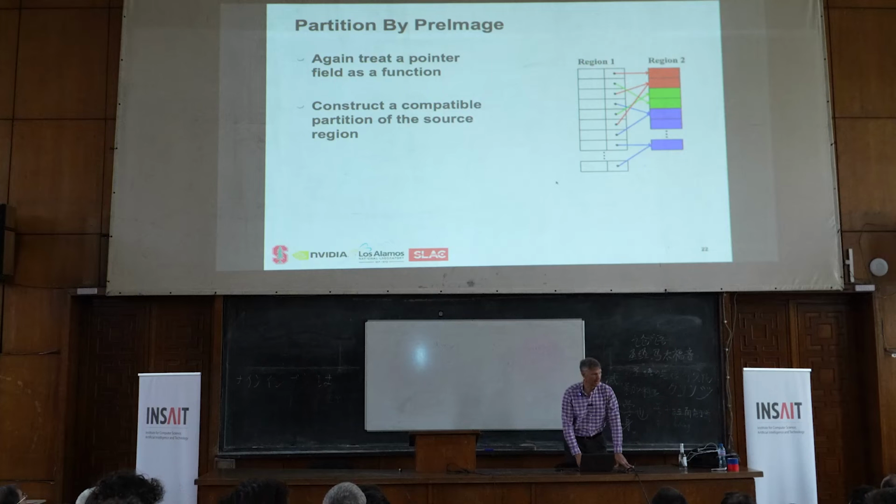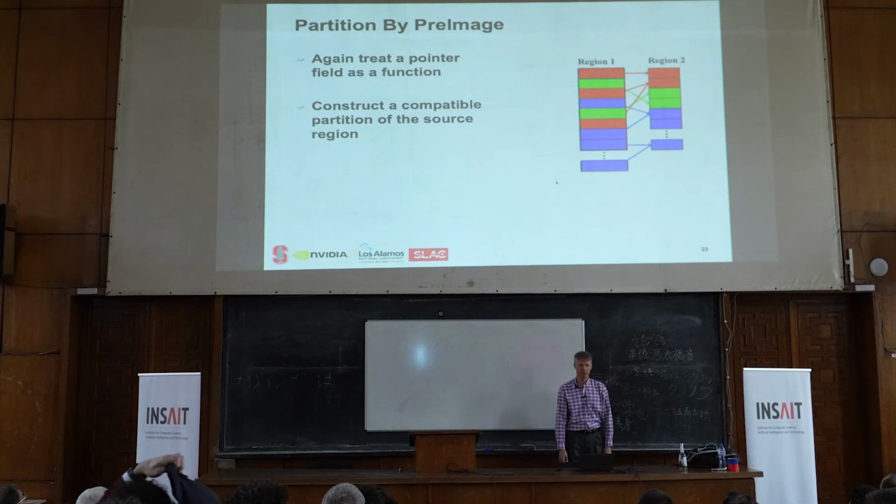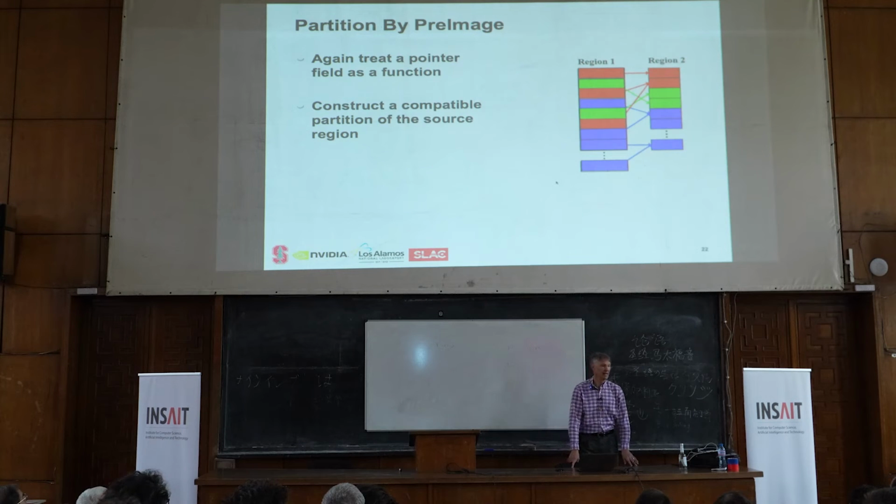We're going to follow the edges backwards to region 1, and then color each of the elements of region 1 with the same color as the edge. And the pre-images actually have an interesting property, which is that if region 2 is a disjoint partition, meaning the subsets don't overlap, then region 1 will also be a disjoint partition. Okay, a very useful algebraic property of pre-images. All right.